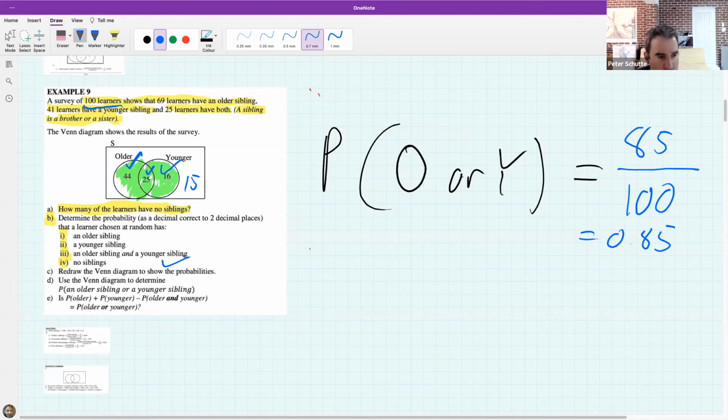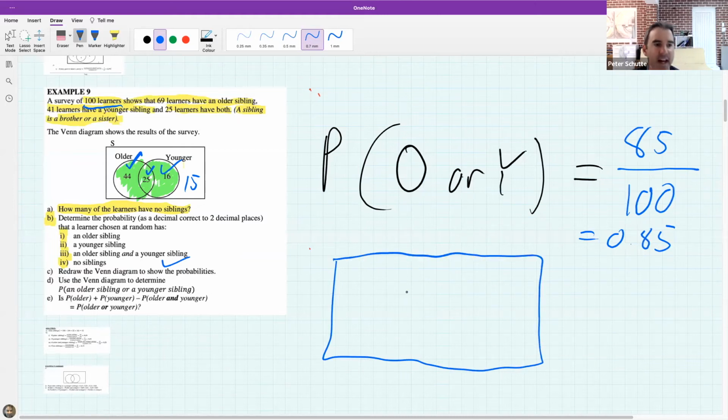Now, there's not going to be time for us to do C, so I'm going to do that. But basically, if you want to draw a Venn diagram, instead of drawing it in terms of numbers in the set, you can also draw a Venn diagram with probabilities. Just to show you what that would look like, because you guys have already worked that out, over here it would be 0.15 because it was 15 over 100.